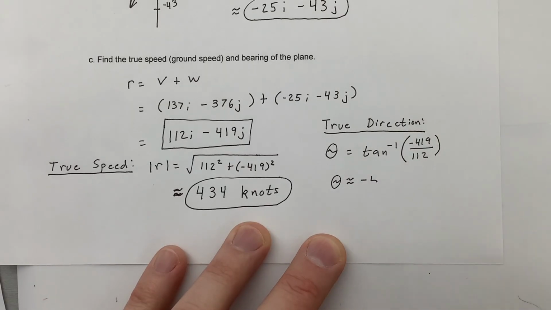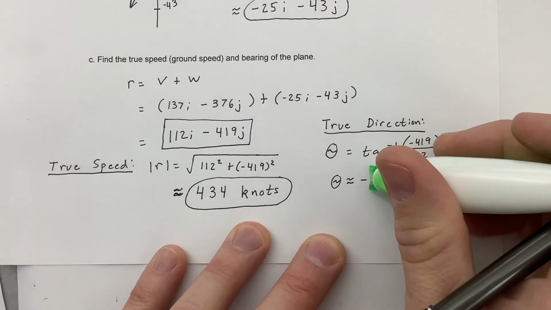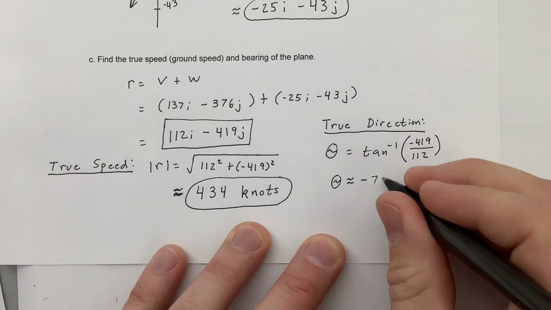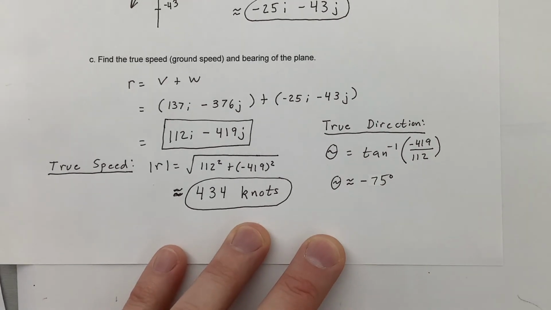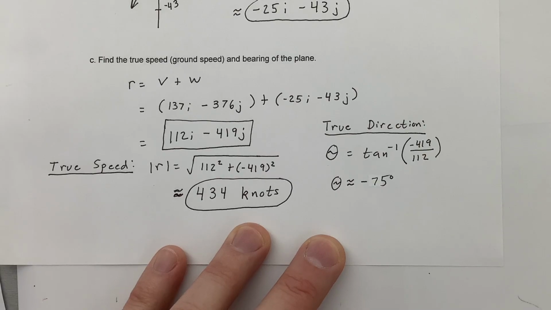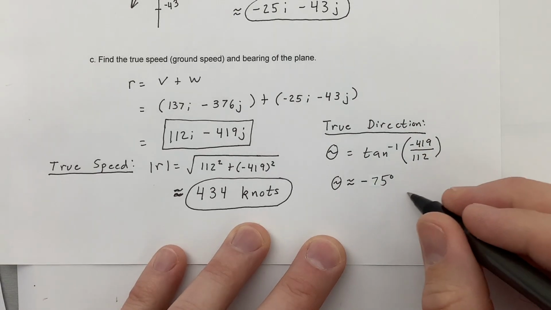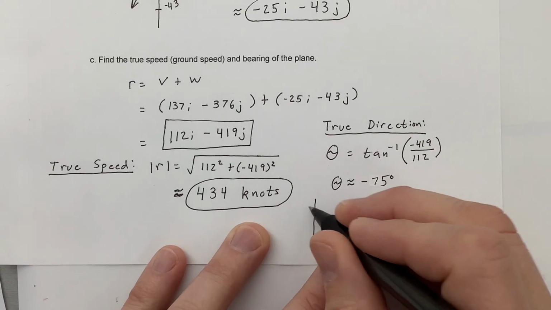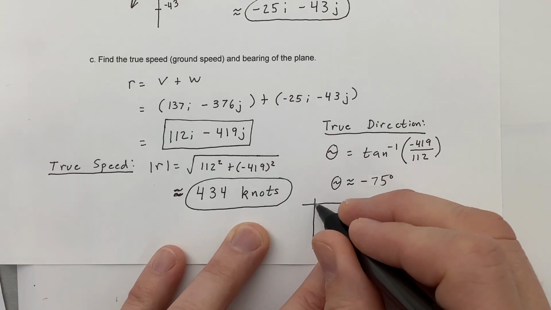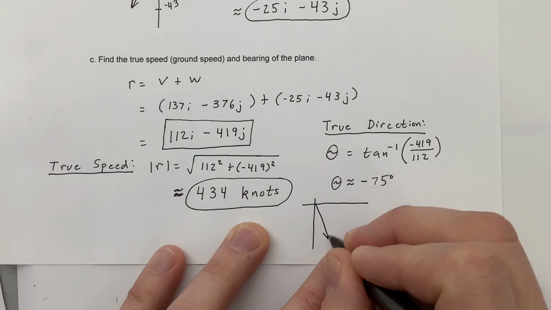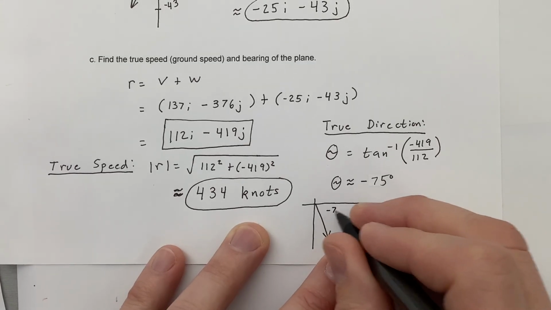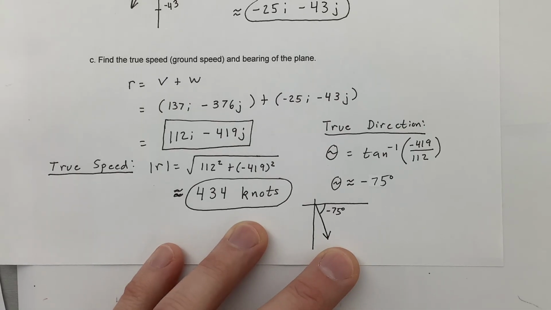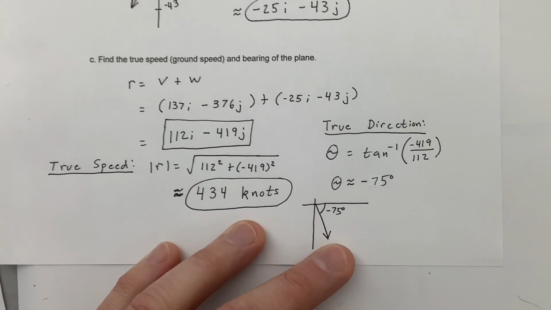Yep, I agree. So let's give the bearing of that. Can you work backwards to get the bearing of negative 75 degrees? Negative 75 degrees going downward from 360.